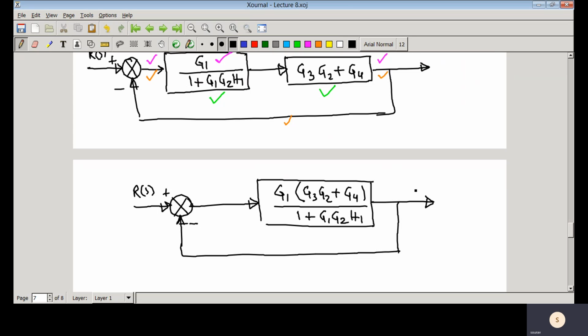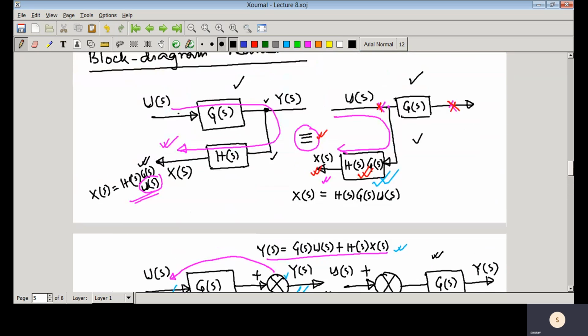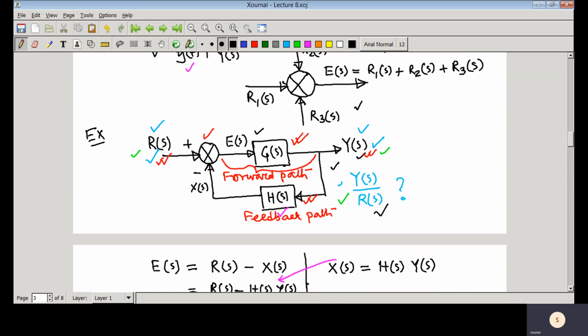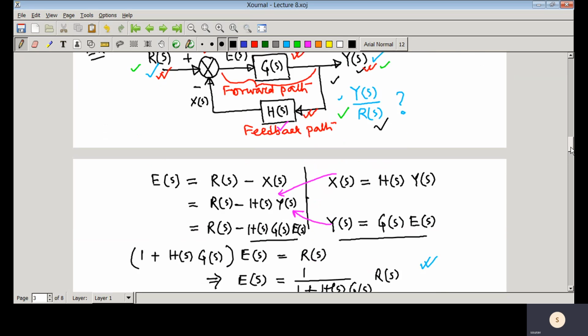Then what is the transfer function from R(s) to Y(s)? You can again apply this particular structure that we have done, that is forward path transfer function divided by 1 plus the product of forward path and feedback path transfer functions.